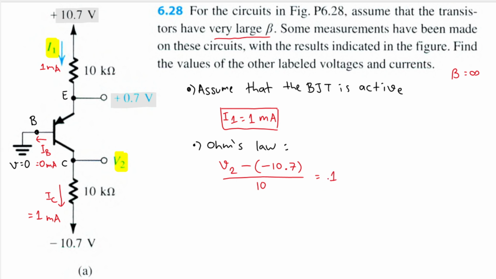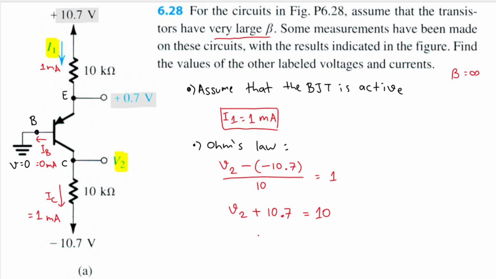Now let's cross multiply. We will have V2 minus, and minus becomes plus, 10.7 equals, oh, that will be 10.